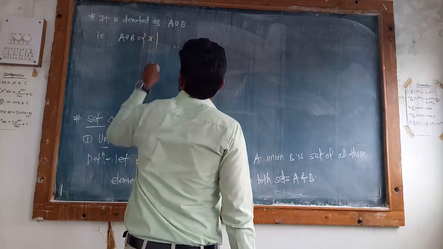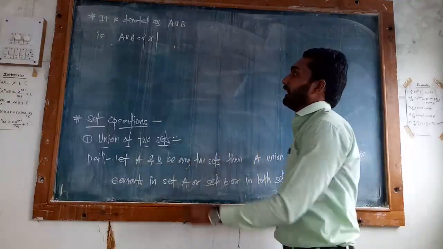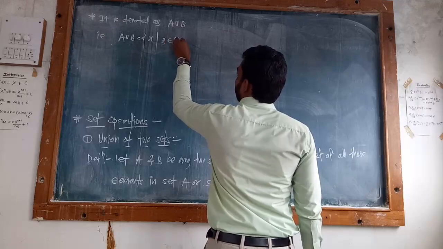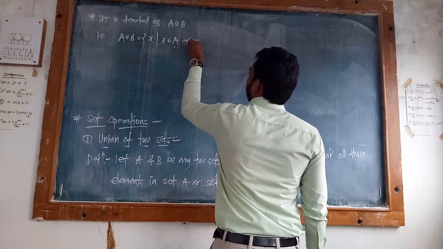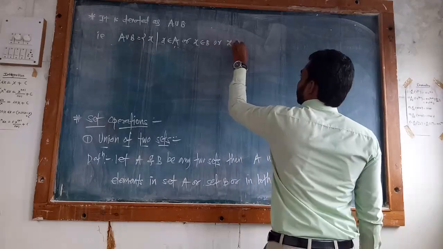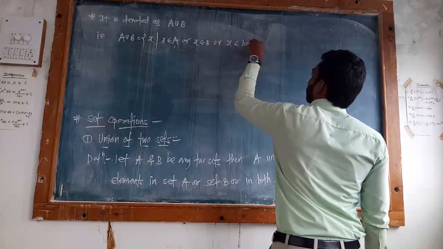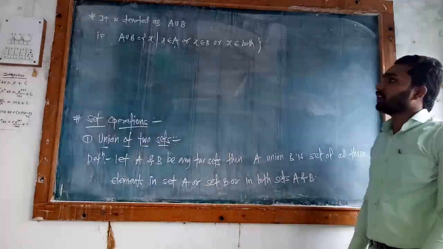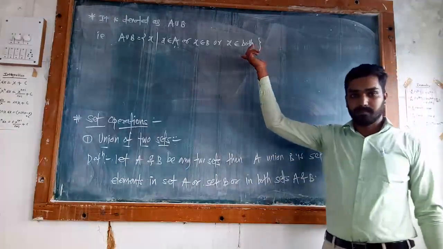Collection of all elements X such that X is an element of A, or X is an element of B, or X is an element of both A and B. Okay, this is called as A union B.